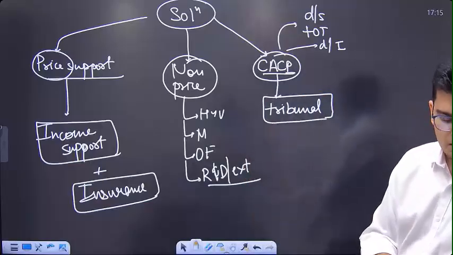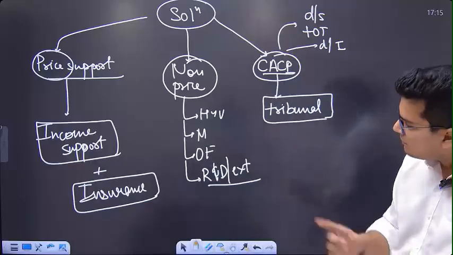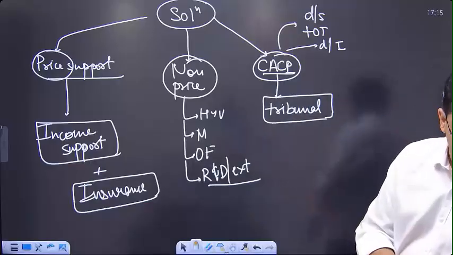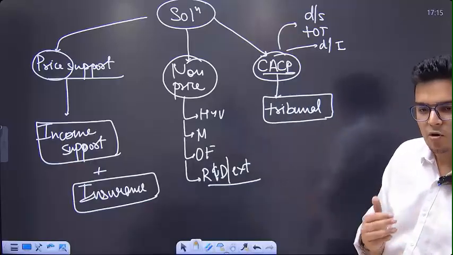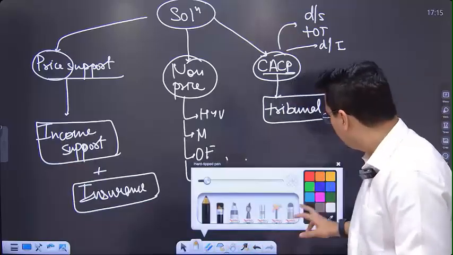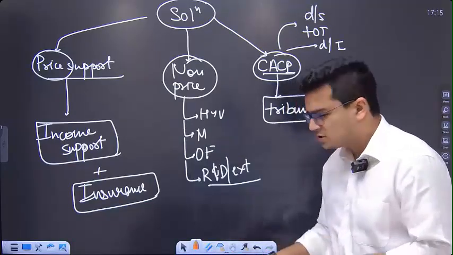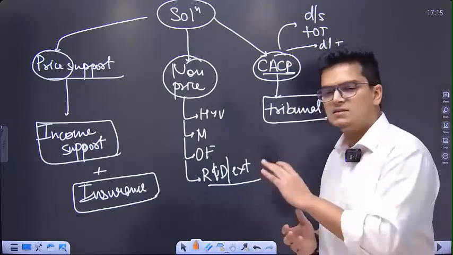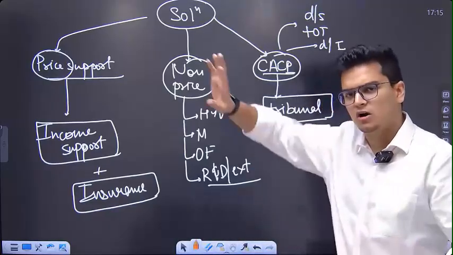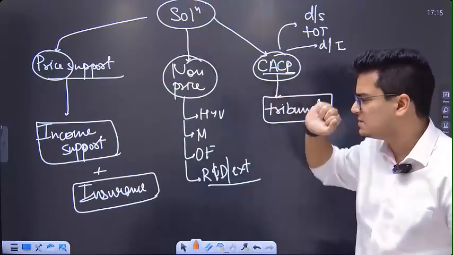Okay. Now, if I start giving income support, there are going to be certain problems. Of course, it is going to be avoiding distortions. We know farmers are in a buyer's market, so they do need support. We've talked about that when we talked about APMCs.